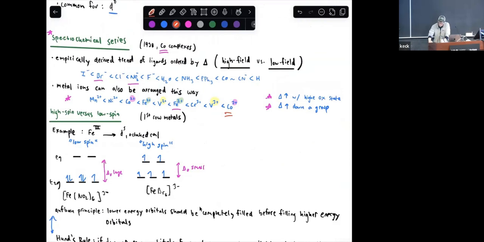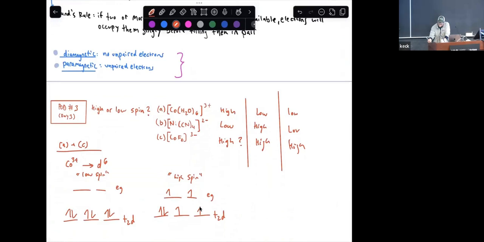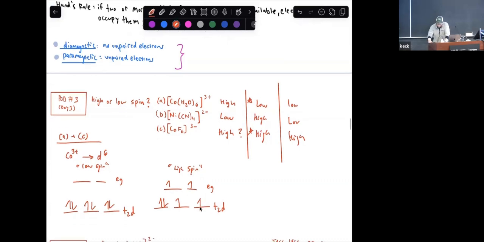I think you could make a conclusion that, because of how the problem is designed, if we're asking you to make a comparison, then maybe you would say that this one is low spin, and then this one, if we just have to make a comparison, is high spin. But if you also came up with low spin for that, then I wouldn't fight you too much on that.